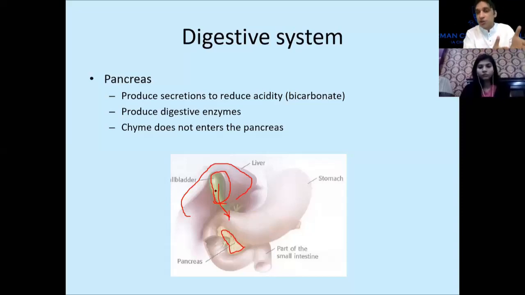I mean, if the food is there. So if there is no food, the liver can still produce the bile, and the bile can still be stored in the gallbladder. When the food is there, it is poured into the intestine, otherwise not. But if the gallbladder is removed because of some disease and stones, then the liver will keep sending the bile into the intestine, whether it is required or not.